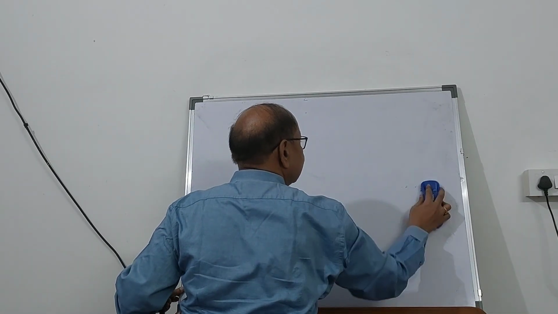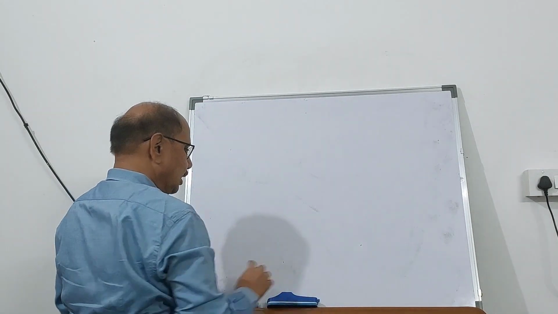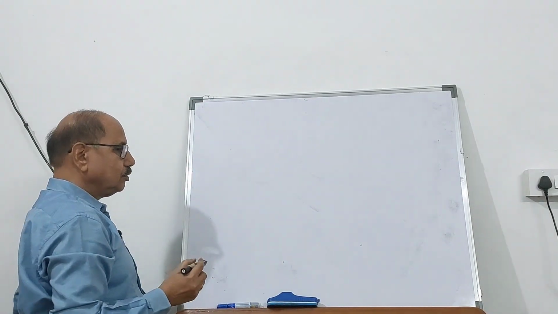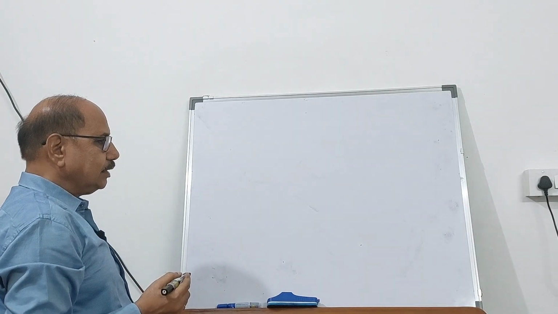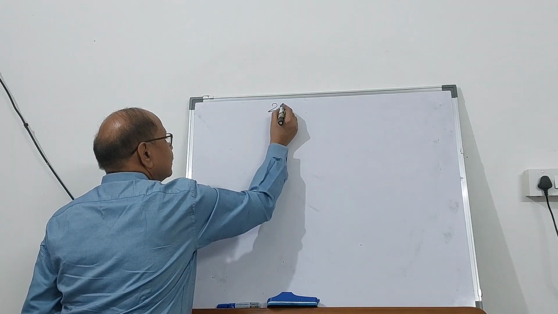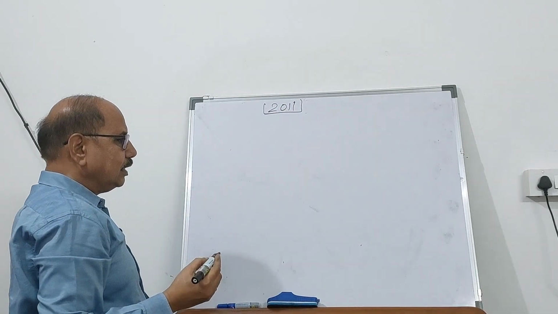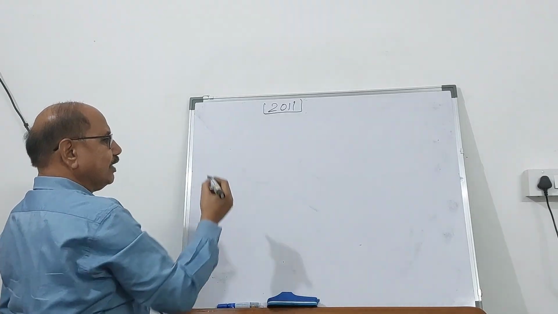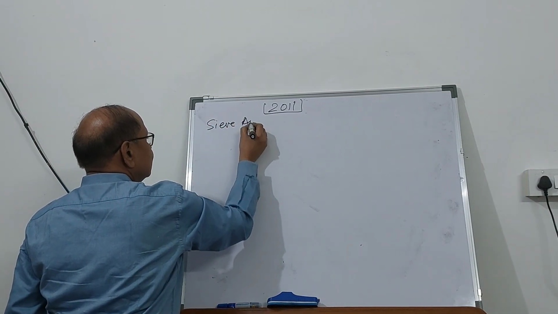The Indian standard soil classification is known to all of you. I have dealt with it here also. And if you see the 2011 question, this is related to sieve analysis.